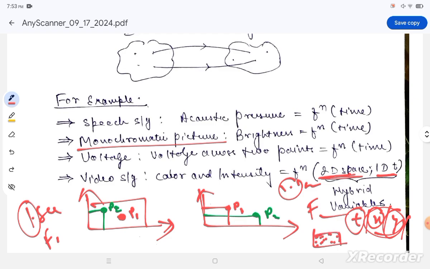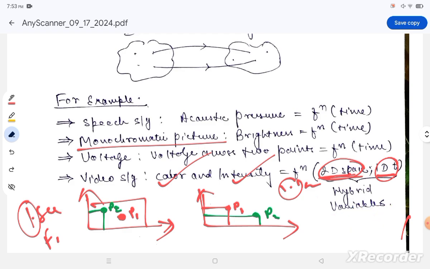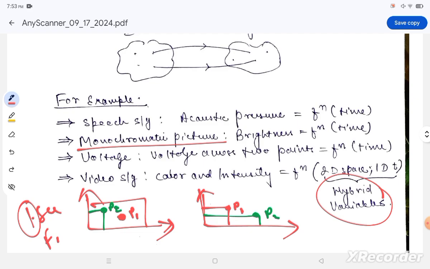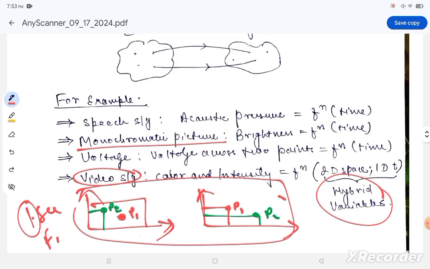Any one particular pixel changes in color and in intensity as a function of the x and y axes and time also. So this type of signal is called a hybrid signal. We have hybrid variables in this case. However, it contains information about the frame as a video signal.